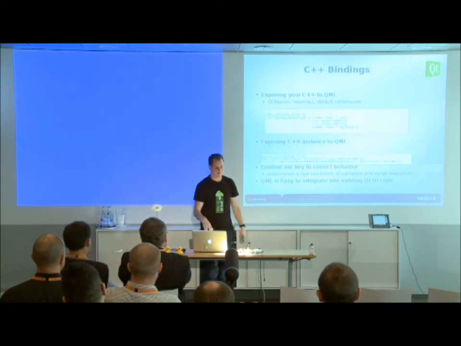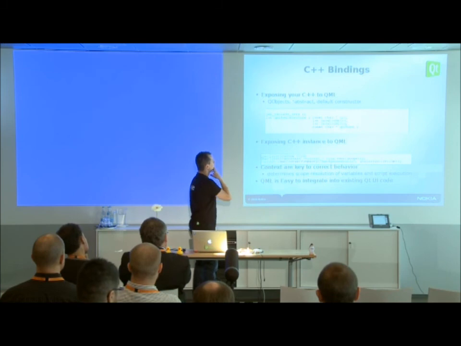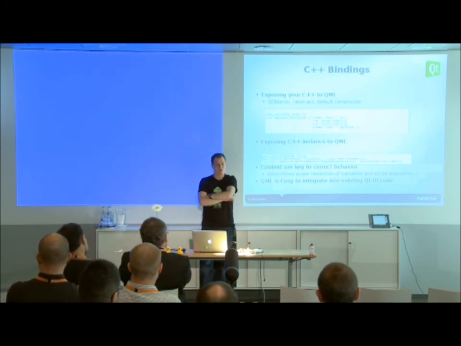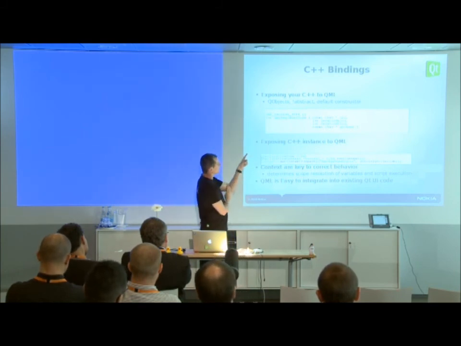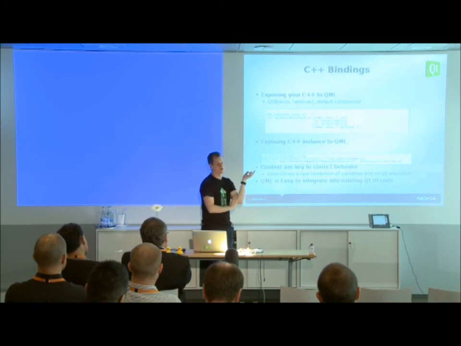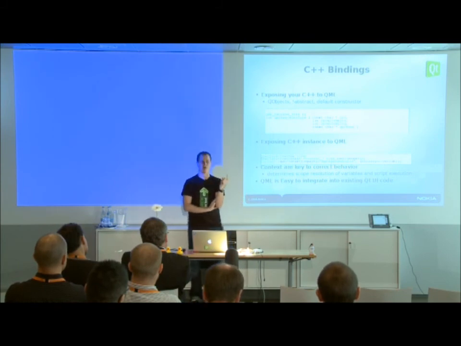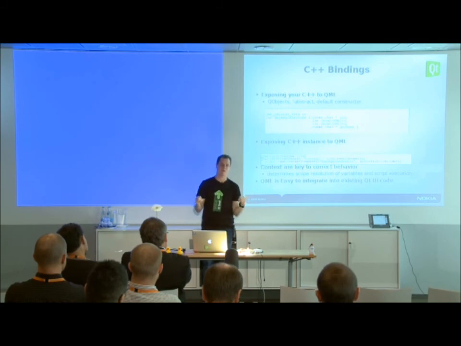And then in whatever main or constructor, you actually register the type into QML by giving it a name and a versioning number, like a major version and a minor version, and also the name that it will have in QML, because you can have the name in C++, which can be class Foo, but you sometimes don't want to call it Foo inside QML, so you can actually change the name here as well.